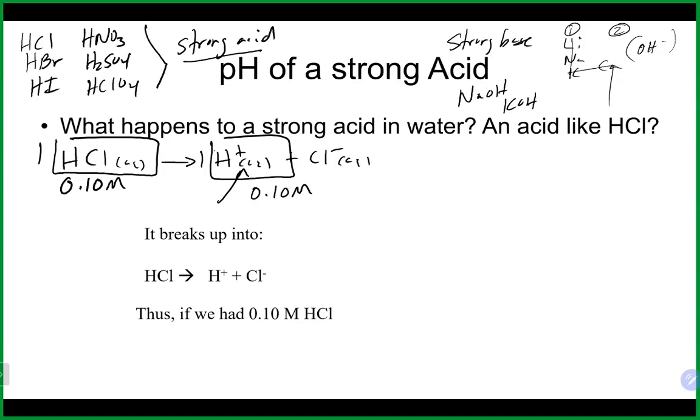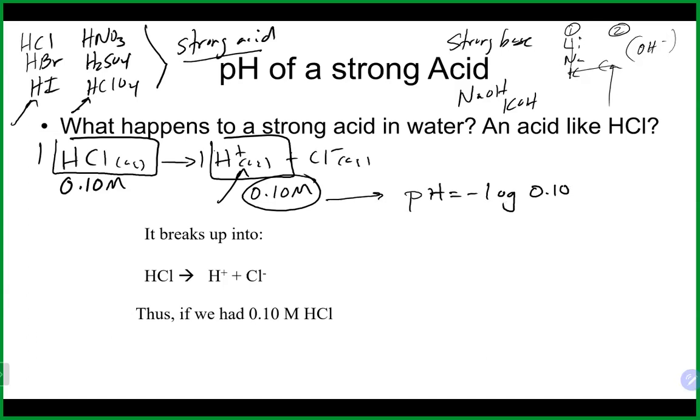So basically, most of these strong acids are what are referred to as being monoprotic. They have one hydrogen. Pretty much if you know the concentration of the strong acid, that will be your concentration of H plus. So you could go right into your pH equation at that point.